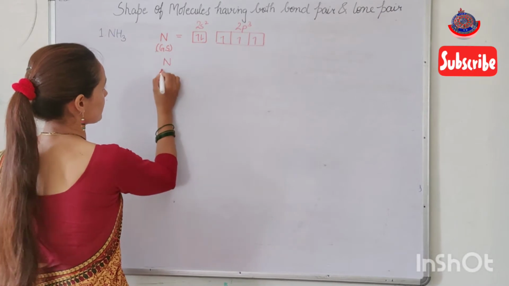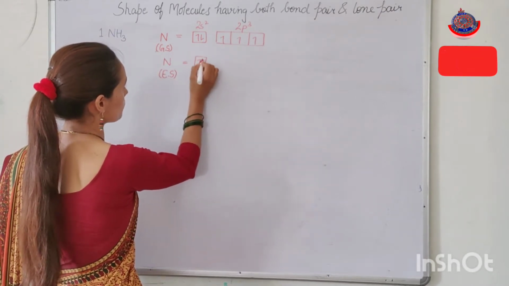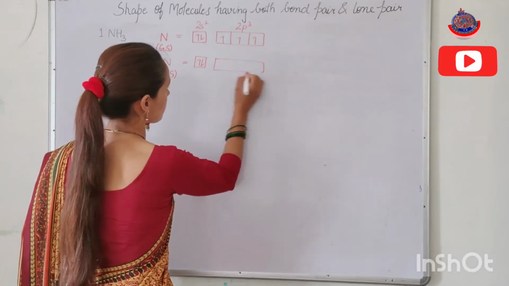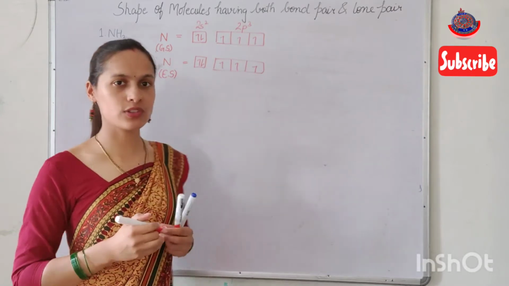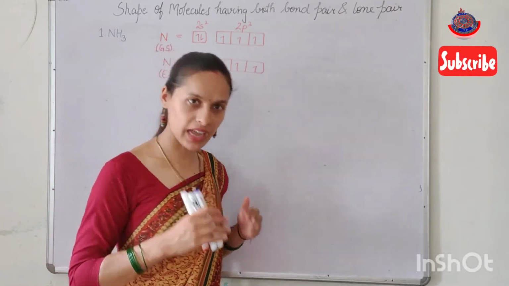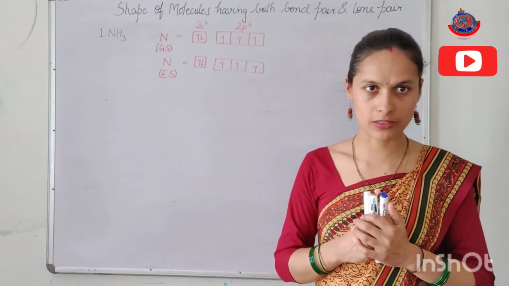So the excited state becomes 2s2 and 2p3. The excited state remains the same as the ground state because we want only three half-filled orbitals, and in the ground state we have three half-filled orbitals.